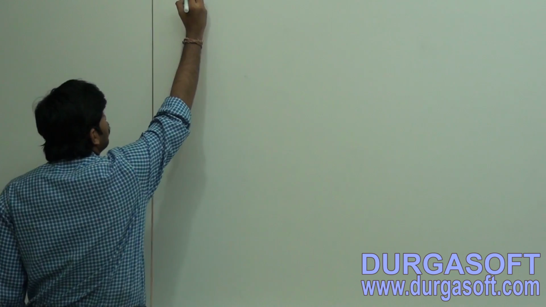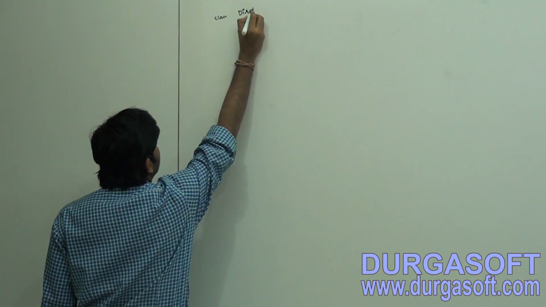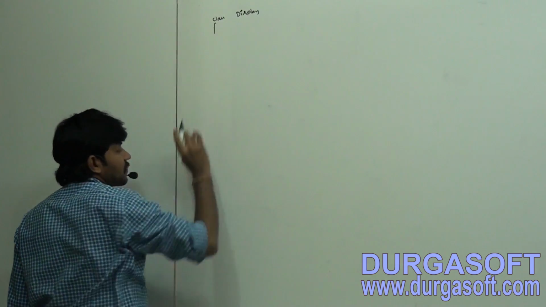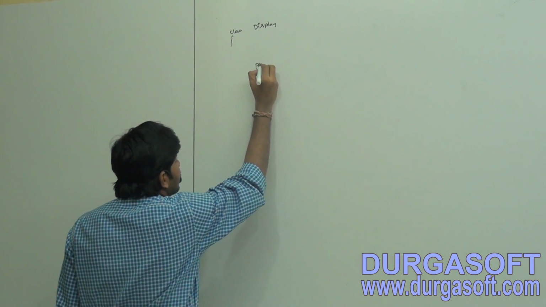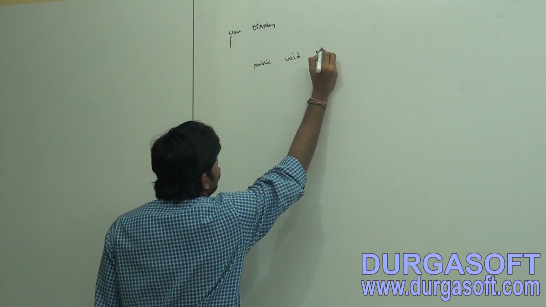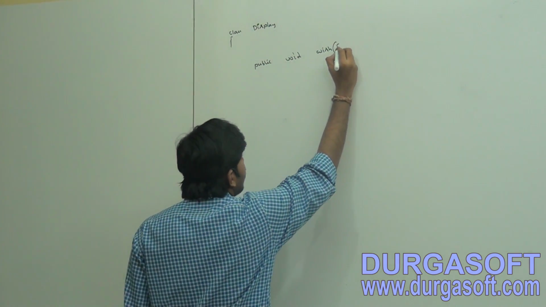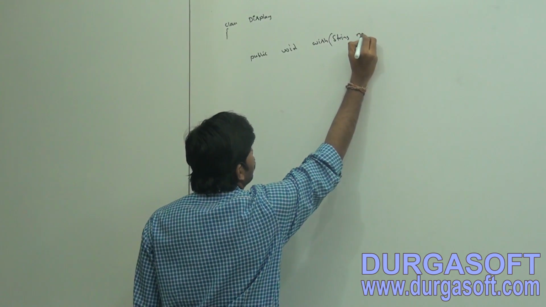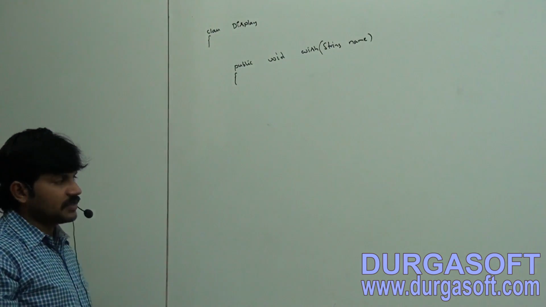Here I'm taking a simple class, class Display. Listen carefully. This Display class contains one method, public void wish(String name).